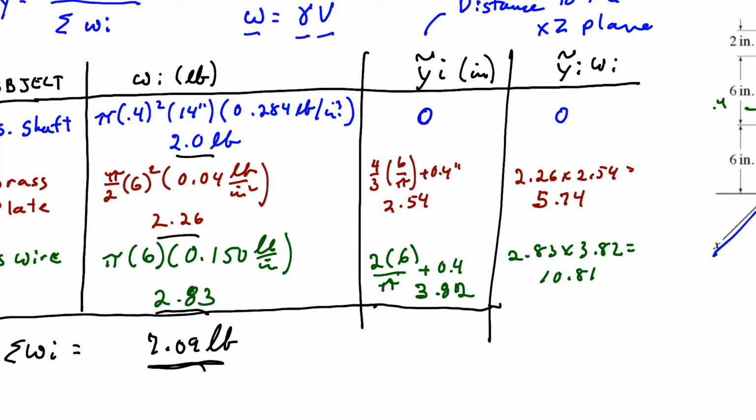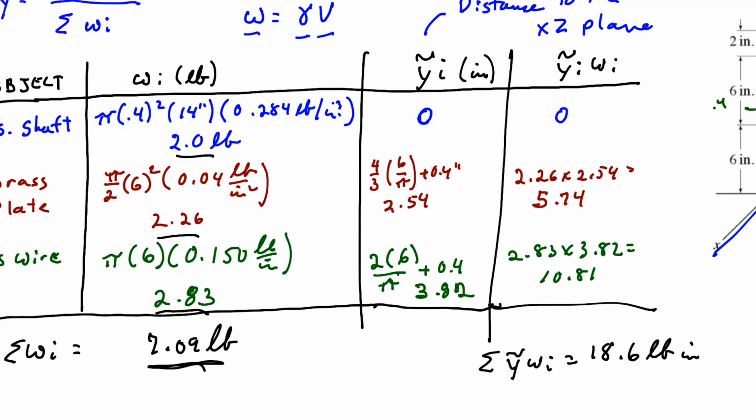So now the last thing we need to do is sum all of these up. This is the sum of our Y tilde WI's, and that equals, let's see, 18.6 pound inches.